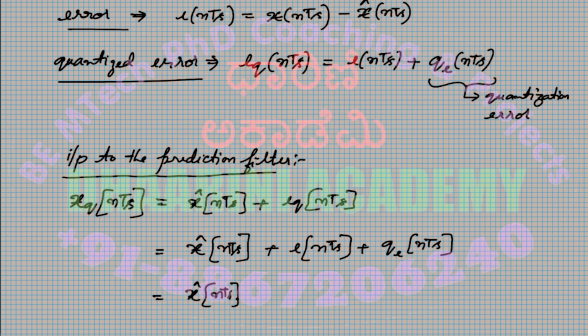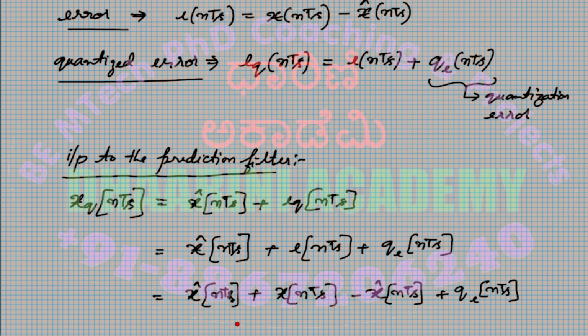X cap of nTs plus, what is the E? It is X of nTs minus X cap of nTs, right? Plus QE of nTs. Not minus, it should be plus, okay? Only for E I substituted, right?